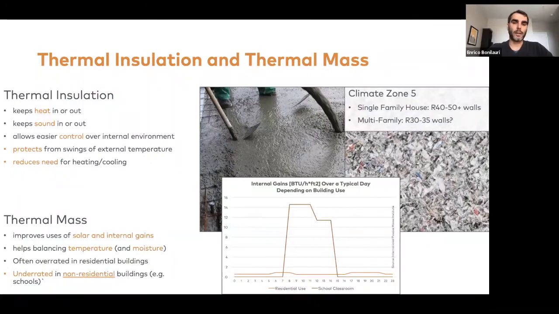So that is why thermal mass is underrated for school buildings, for example, because it really can improve the utilization of these high interior gains. And you can get to passive house without really having any significant thermal mass in your building, just a very good amount of thermal insulation.